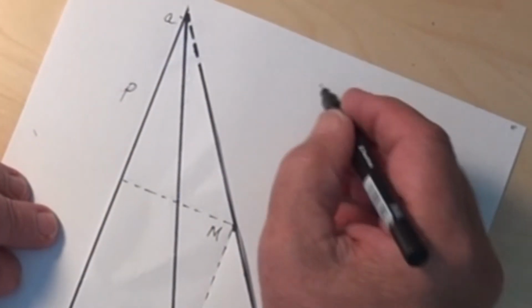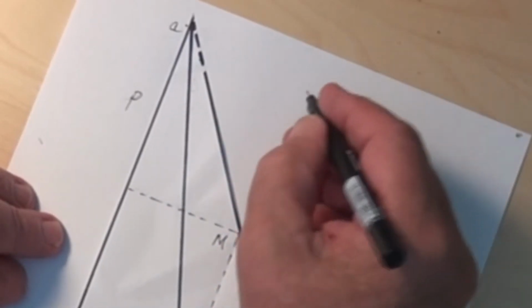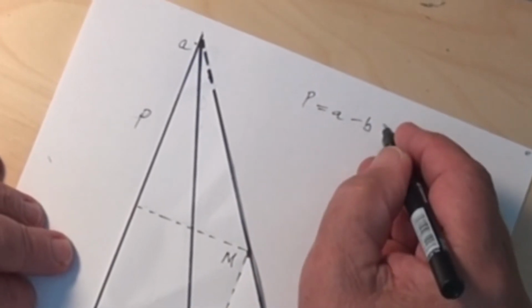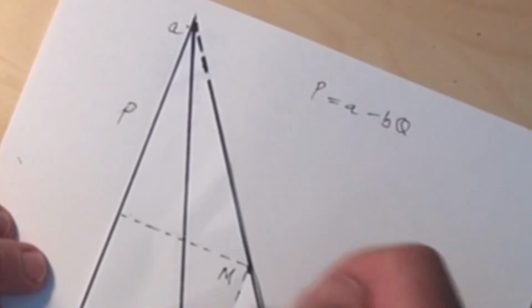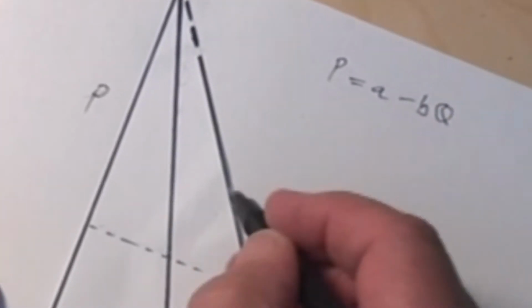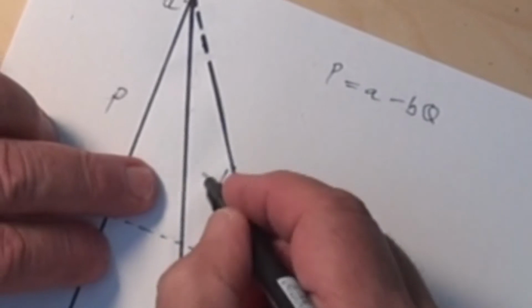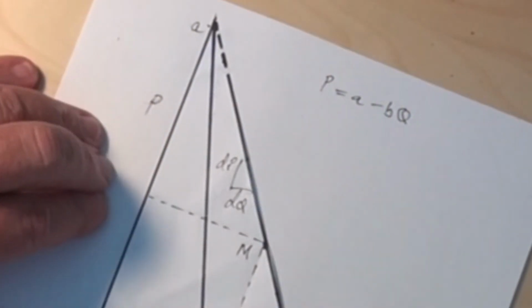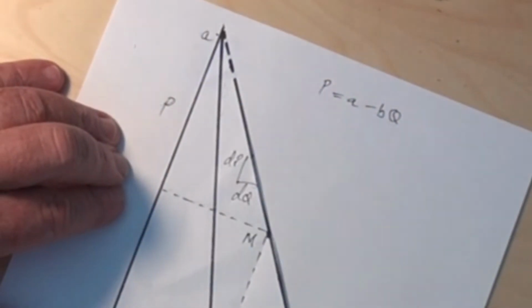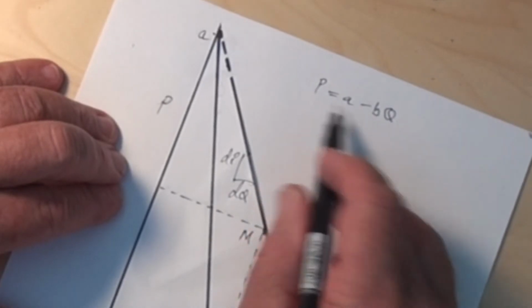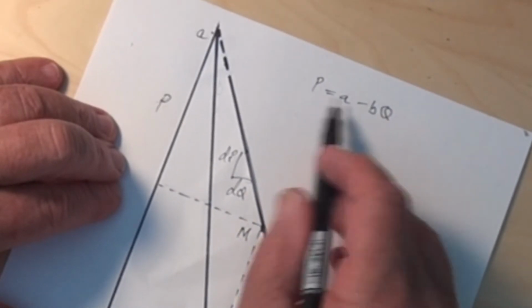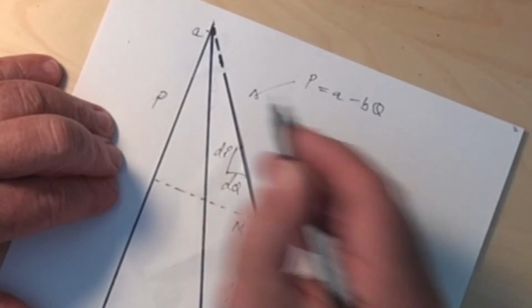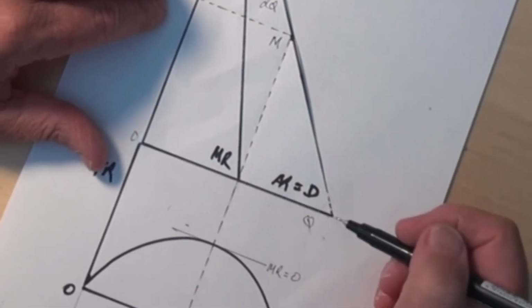As this is drawn here, the demand curve is the function P equals A minus BQ, where B is the slope, dP over dQ, and A is the value of the intercept when Q is 0. So if you set Q to 0, then you get BQ as 0, and so P is then A. Okay, so that's the equation for the demand curve or the average revenue curve.